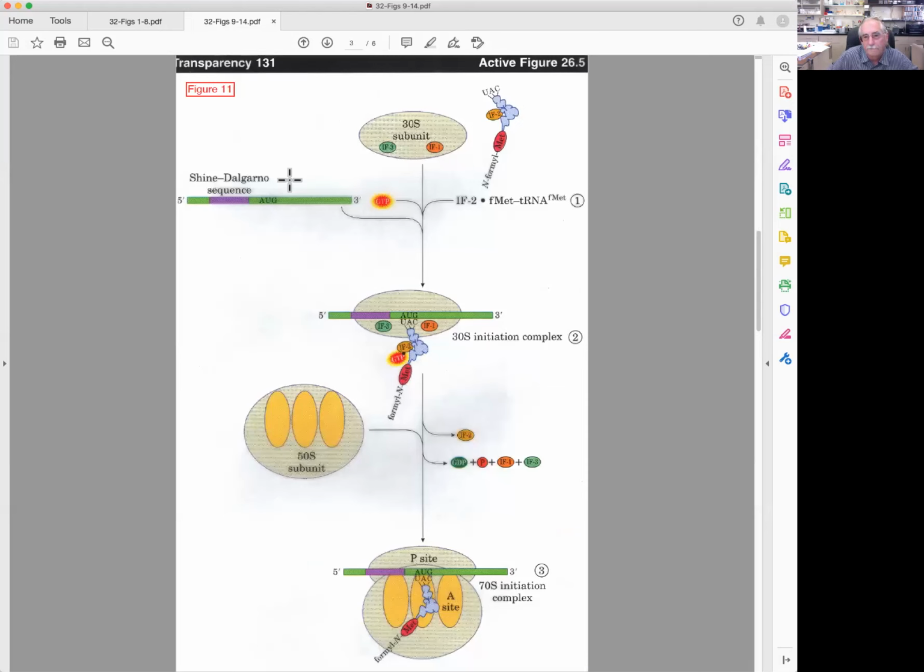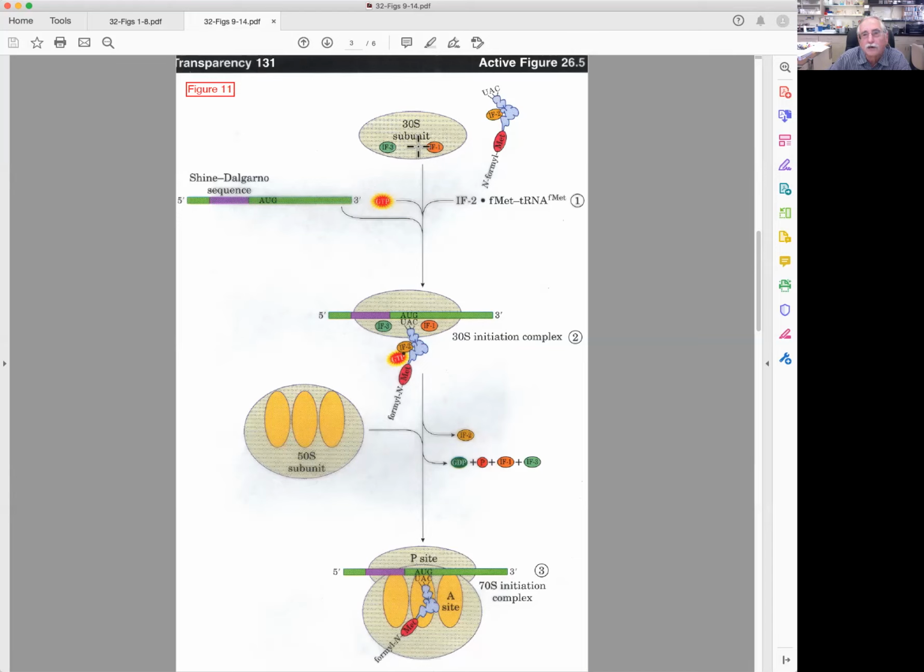This is actually more complex than I want you to know. But right now, you can see the small subunit and the large subunit, which is apart. So here's a sequence in the beginning of the messenger RNA, and look what has to happen.